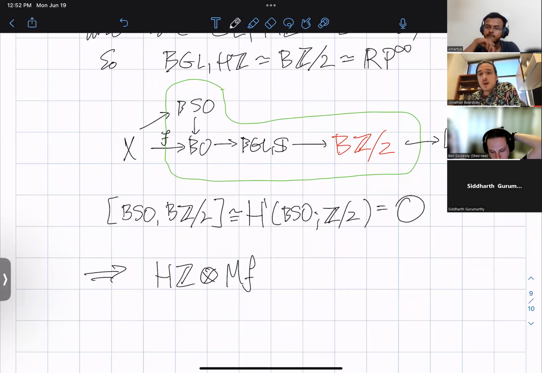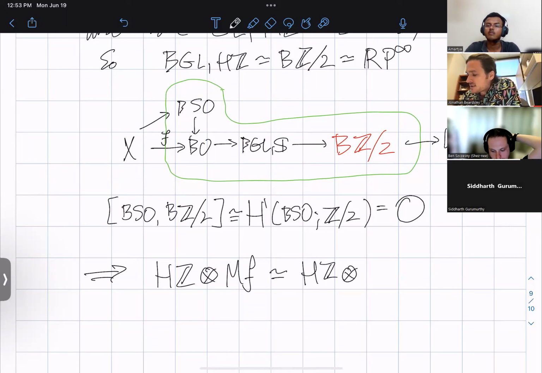But from earlier, we know that this is just whatever Thom spectrum I started with, tensored with HZ. That's going to tell me that this is equivalent to that Thom spectrum. It's going to be the trivial Thom spectrum now, so I can replace this with HZ tensored with X itself.